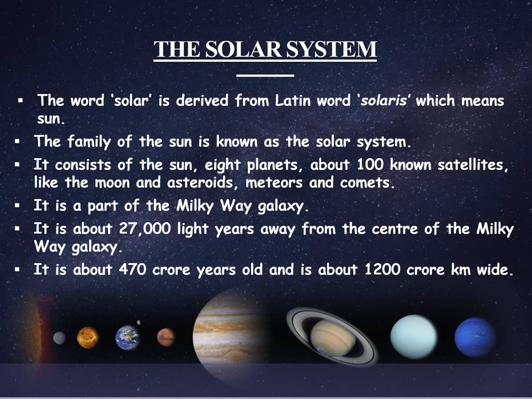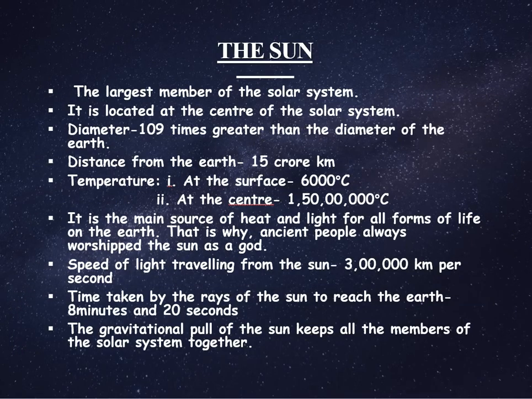Next we are moving on to the head of the solar system, the important member of the solar system. Without this one, the solar system would not have existed. So the sun is the largest member of the solar system, which is located at the center of the solar system.